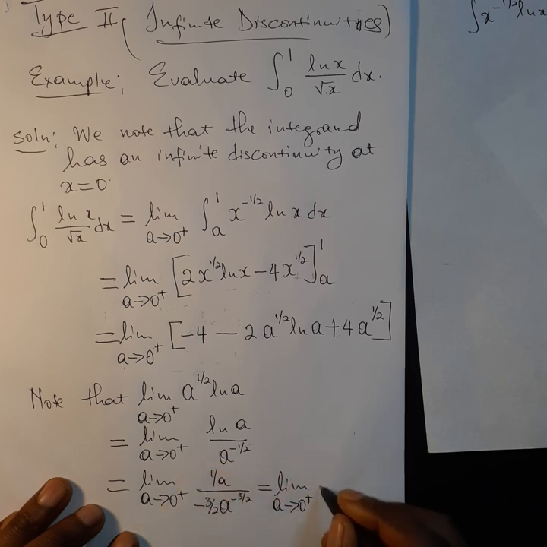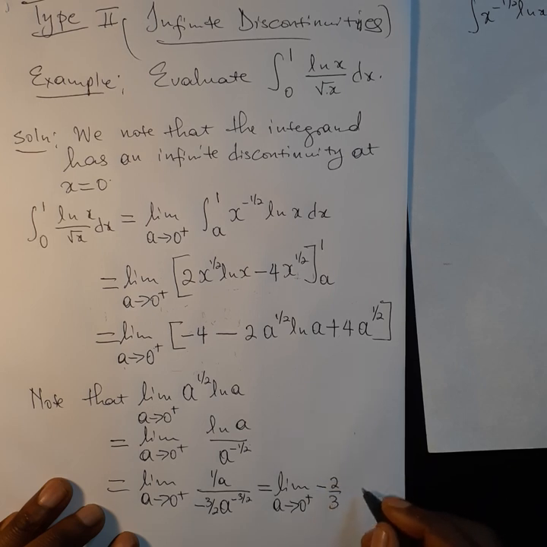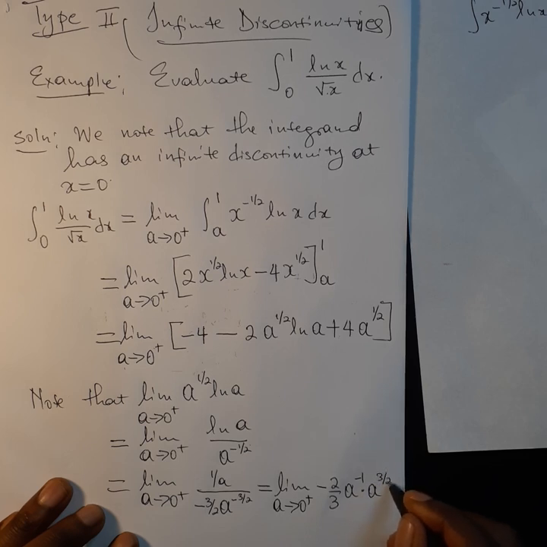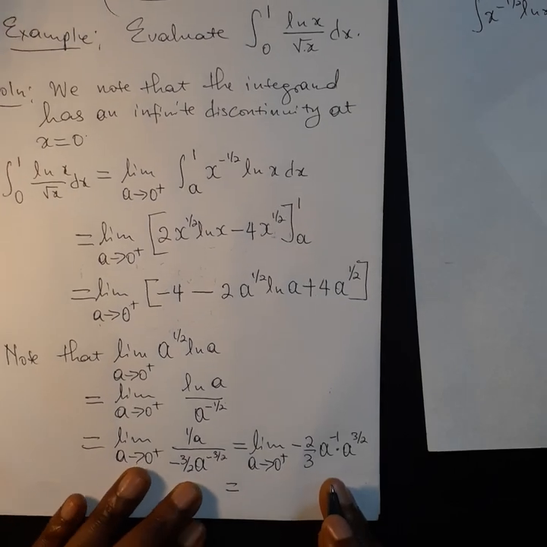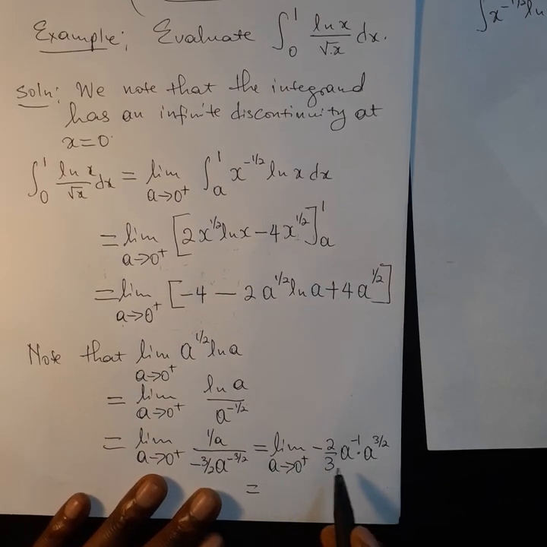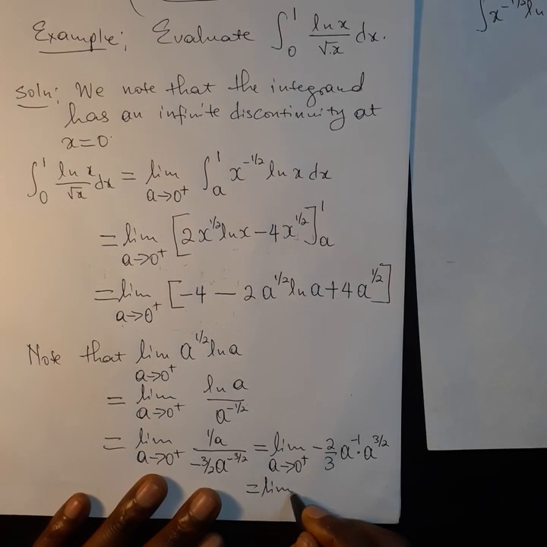You will get minus 2 over 3. This is a to the minus 1. Maybe I should write a to the minus 1 times a to the power of 3 over 2, like that.